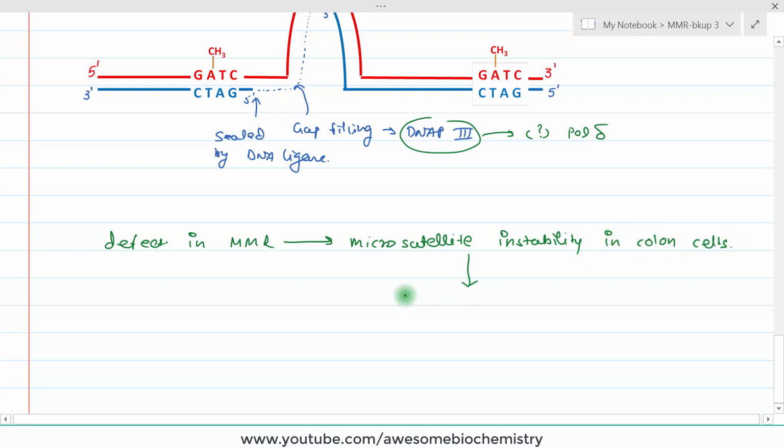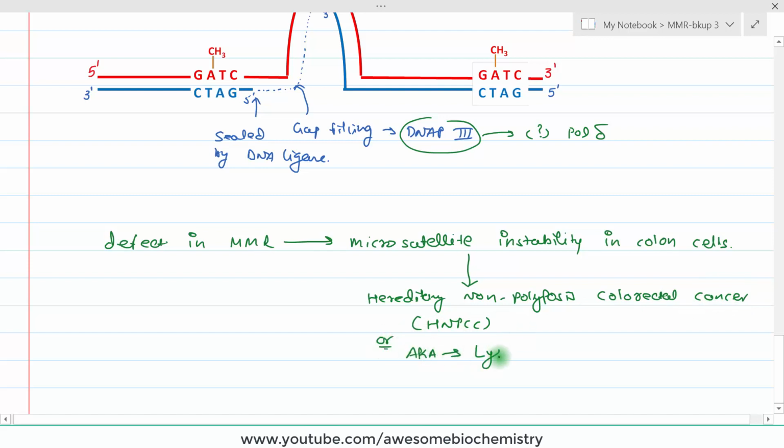And this leads to one very important hereditary cancer, that is hereditary non-polyposis colorectal cancer, or its short form HNPCC, or it is also known as Lynch syndrome.